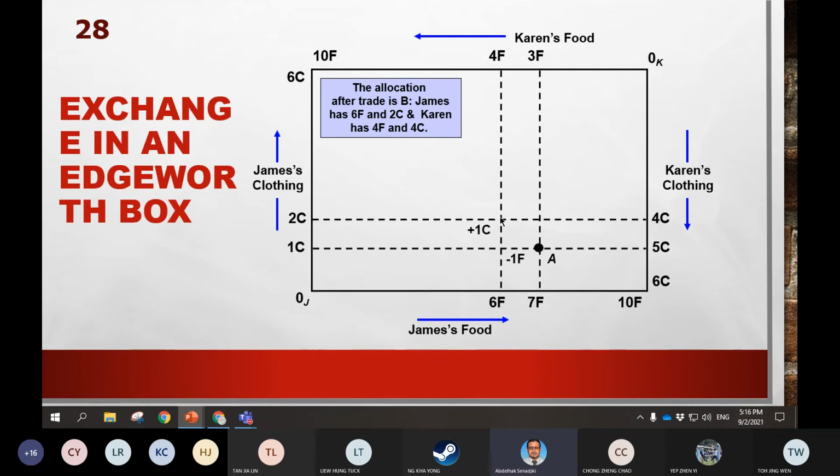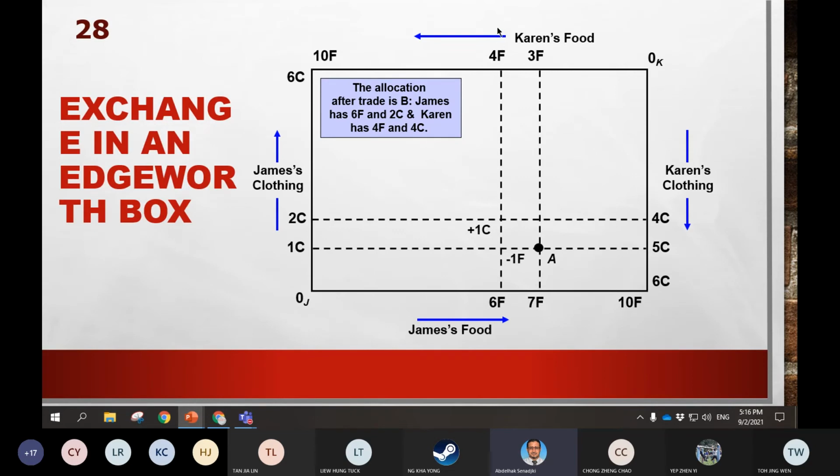Karen loses 1 cloth, from 5 becomes 4, going the opposite way, and gains 1 food, the one traded from James. Before she had 3, now she has 4.